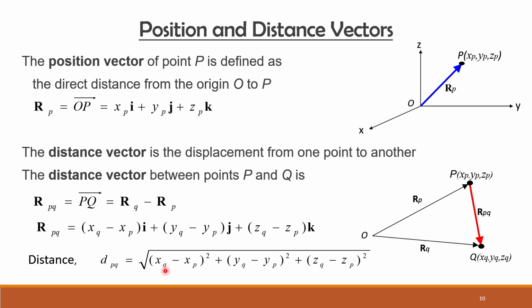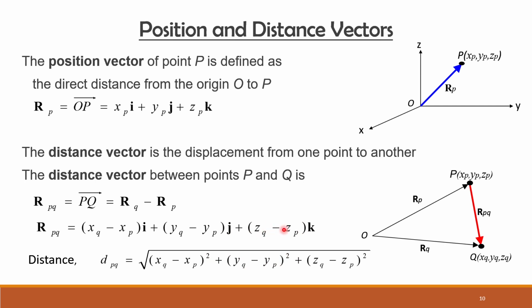And the distance for PQ: to find the distance of the vector, you take the square root of each component squared. Component i is XQ minus XP, squared. Component j is YQ minus YP, squared.